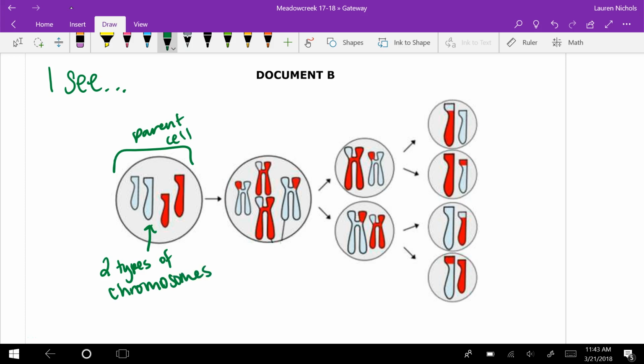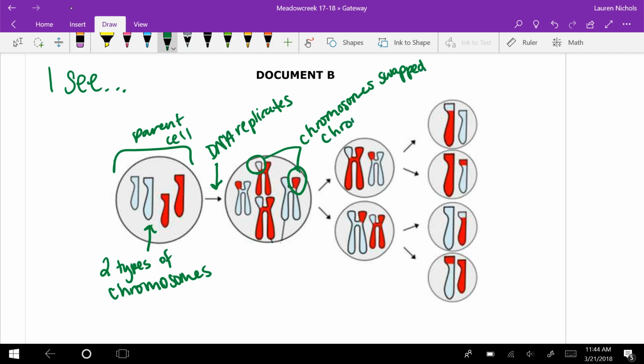We see that at this arrow, the DNA replicates, right? Because we go from having 4 to 8. We see that chromosomes swapped chromatids, which are the little legs, right? That process is called crossing over or crossover.